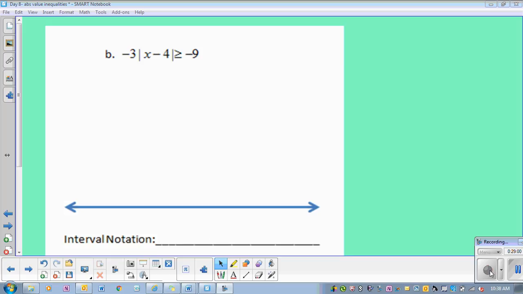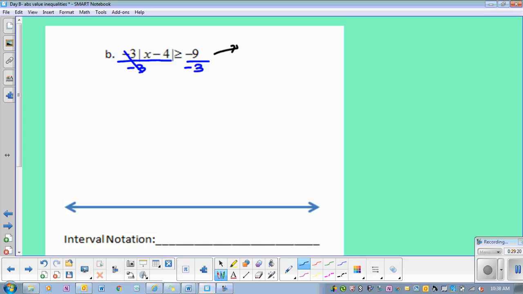Okay, so this one's interesting. If you already worked ahead, make sure that you get the same thing we have. Alright? So this guy, I need to divide by -3. Do you agree? Guys, what happens to the inequality when you divide by a negative?